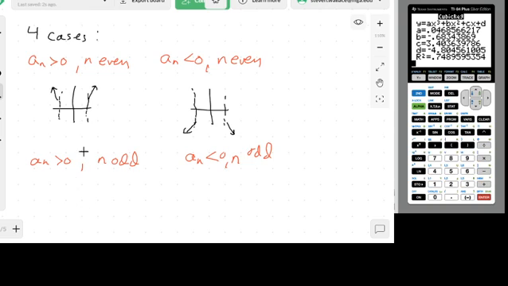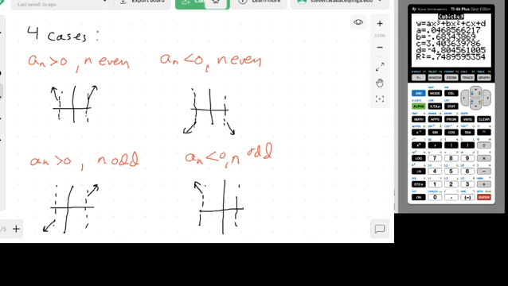But more or less, if the leading coefficient is positive and the degree is even, it behaves like a parabola opening up. If the leading coefficient is positive but the degree is odd, then it's like a line that's increasing. If the degree is odd, that's like n equals 1, right? n is 1 is odd.